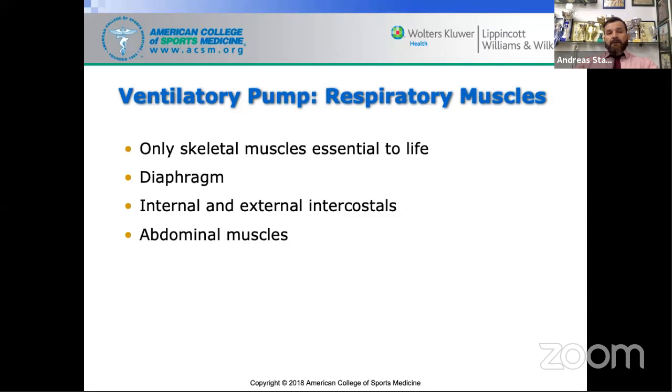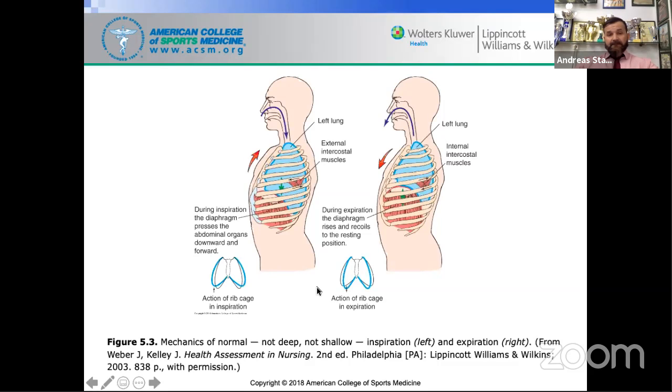Now, when we talk about the respiratory muscles, these are the only skeletal muscles essential to life, and we're talking about muscles that we can control. We have the diaphragm, which is really, really important, and then the internal and external intercostals, and the abdominal muscles. So here, this is at rest. The diaphragm will go down and create that negative pressure, and air will come in.